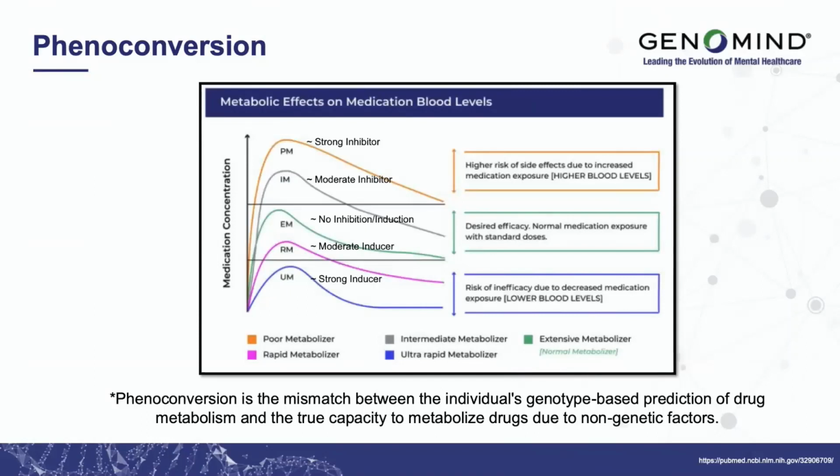And generally, a poor metabolizer is equivalent to having a strong inhibitor on board. So if I give you Strattera or atomoxetine, your blood levels as a poor metabolizer are likely to be similar to your blood levels with a strong inhibitor. Okay, so these are rough equivalencies between inhibition strength and genetic phenotype.